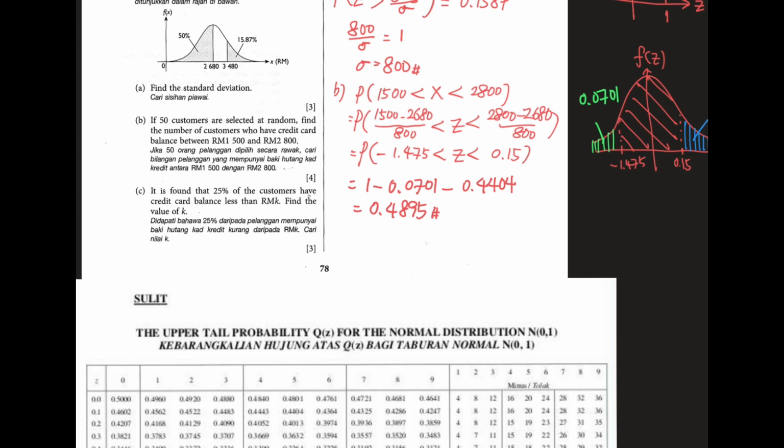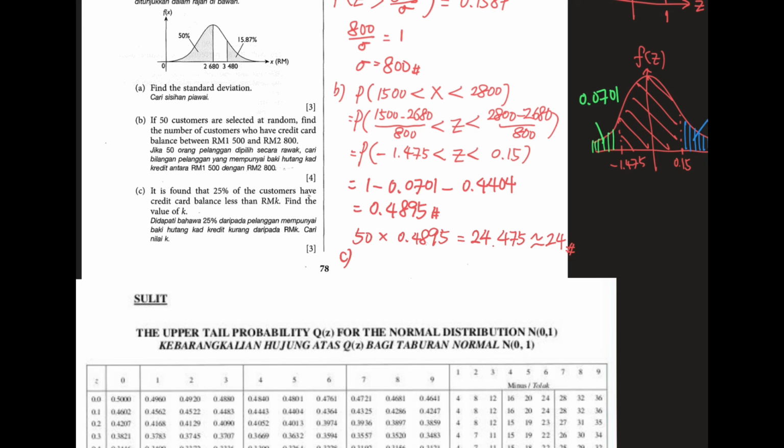So for 50 customers, 48.95% have a credit card balance of those values. So we just multiply 50 times the percentage, then we find the number of customers with this credit card balance. 24.475. So we take 24 because it's a number of customers, so we don't take decimals. 24 customers.